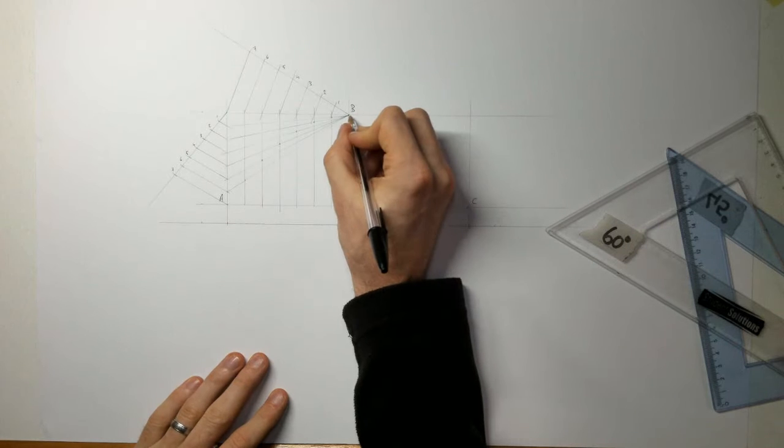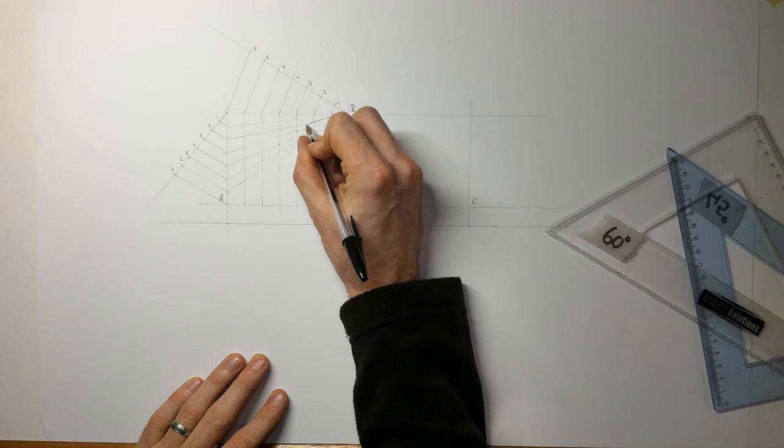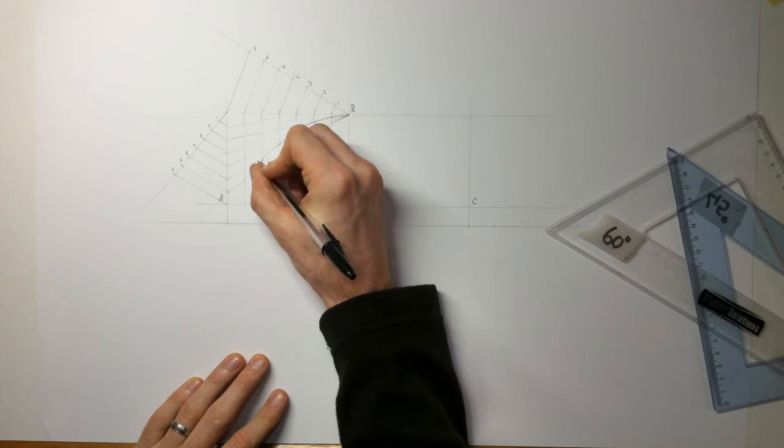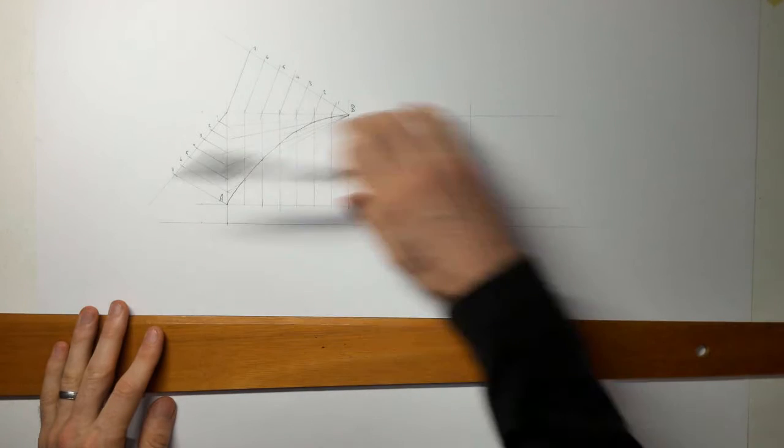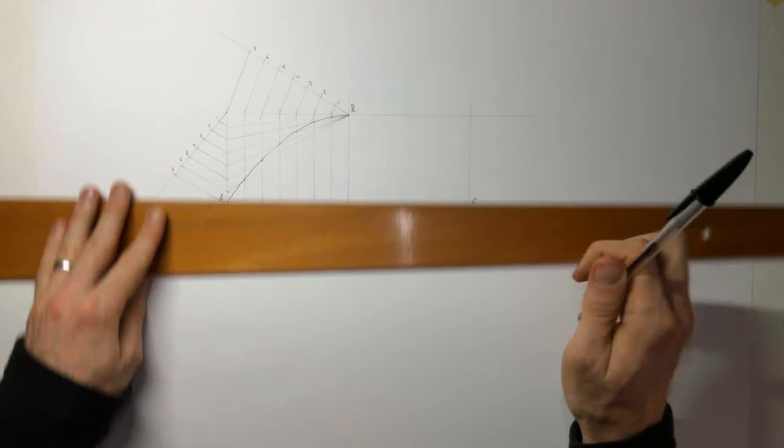Okay, so that is going to be my free end curve for the parabola. And then we'll mirror that across, or use axial symmetry to bring that across to the opposite side.